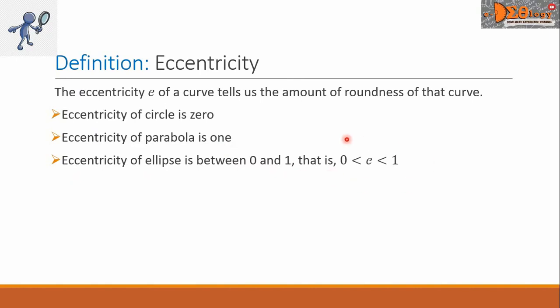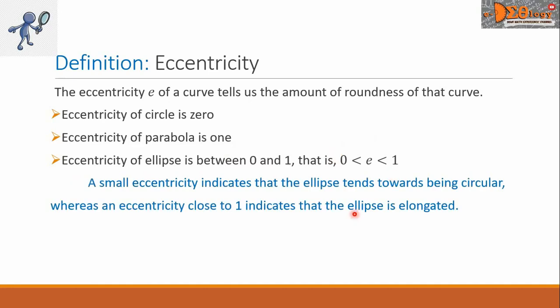And this is the symbol that we will see in the books. Remember, a small eccentricity indicates that the ellipse tends towards being circular, whereas an eccentricity close to 1 indicates that the ellipse is elongated.